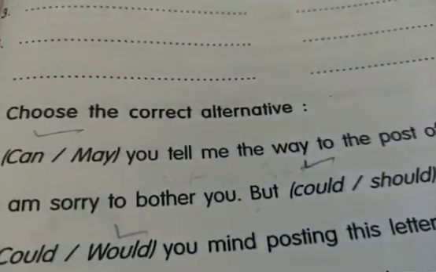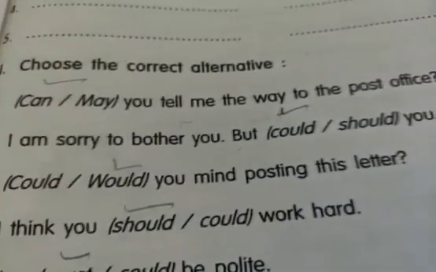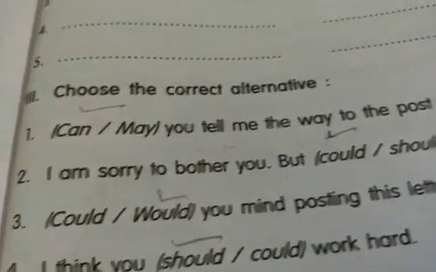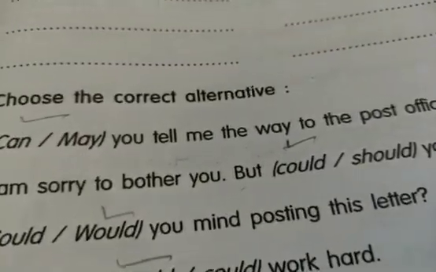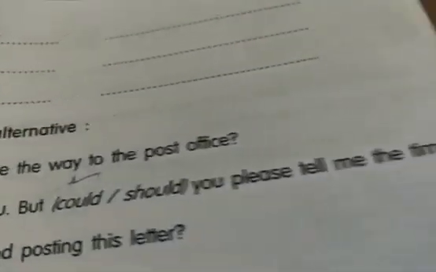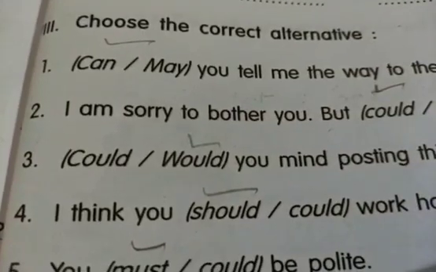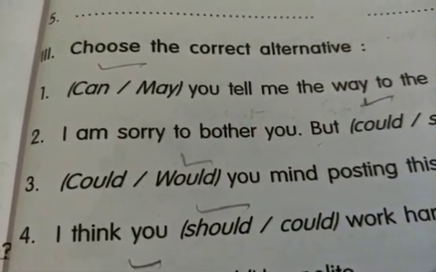Choose the correct alternative. You have to use the correct alternative from this. Can you tell me the way to this post office? Because can is used to request also. Then, I am sorry to bother you, but could you please tell me the time? Here also could is used for permission or asking help.